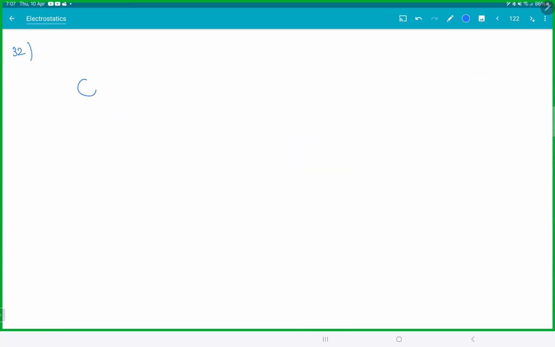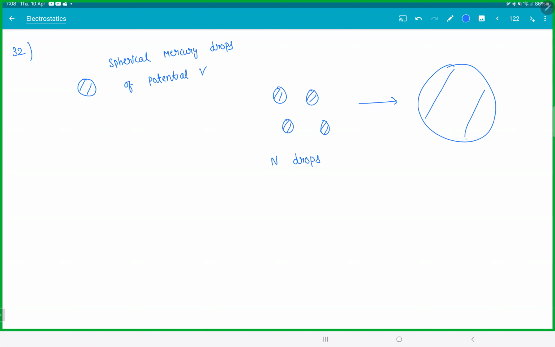Let's say we have small mercury drops of potential V. So each drop has a potential V. Now what you did, you took n of them. You took n drops and you combined them to form one big drop. This also forms a spherical drop. Find the potential of the big drop.